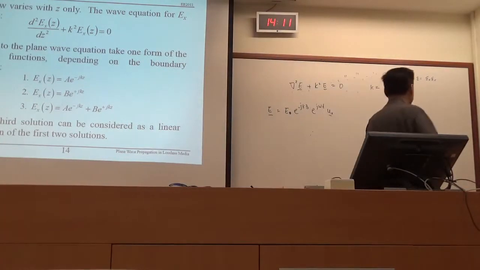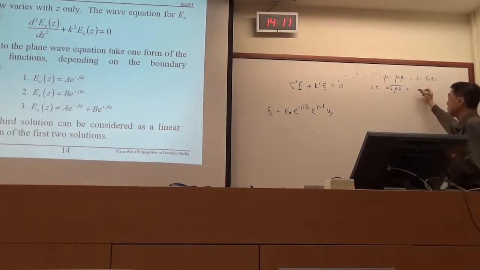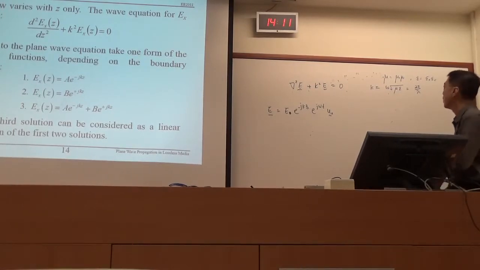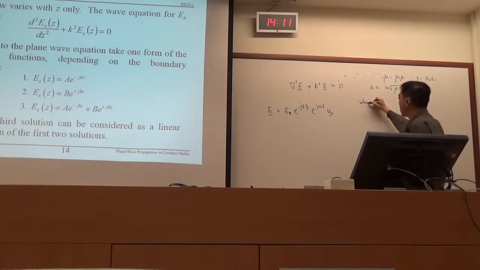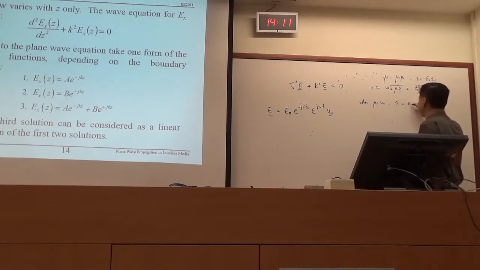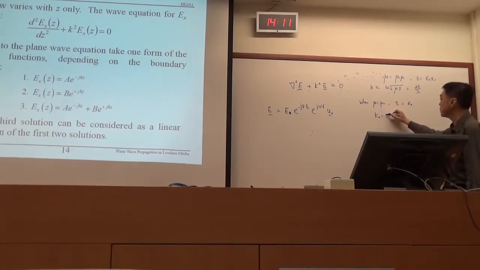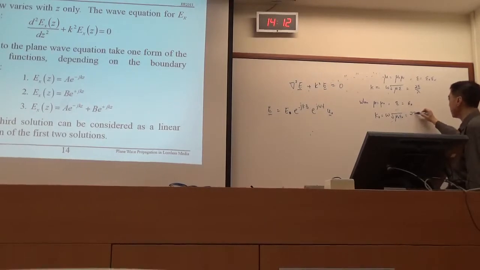And k is also equal to 2π/λ, where λ is the wavelength in the media. Now, when μ is equal to μ0 only, and ε equal to ε0 only, then we have k0 equal to ω√(μ0ε0), which is equal to 2π/λ0.